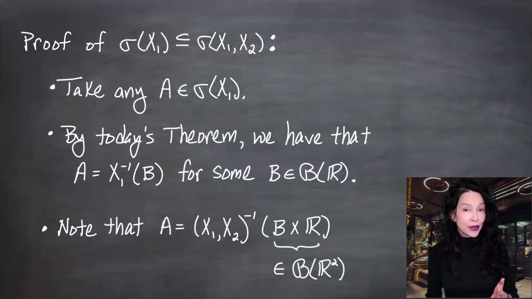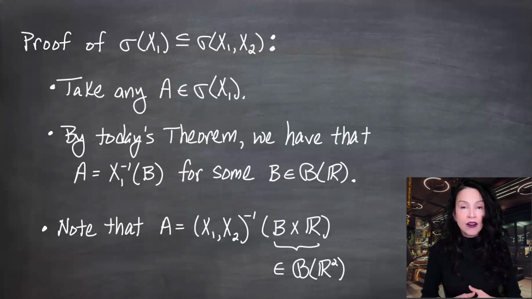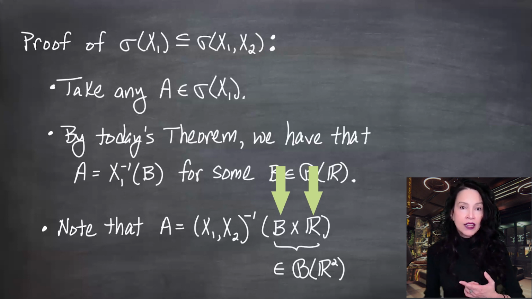This is in the Borel sets on R2, simply because the Borel sets on R2 are generated by crossing Borel sets on R1 with Borel sets on R1. B is a Borel set on R1 by definition, and R is a Borel set on R1, R1 being R, because the Borel set is a sigma field and it has to contain the full omega, which is the R. So it's definitely in there. This is in BR and this is in BR. The cross product is in B of R squared, the Borel sets on the two-dimensional reals.